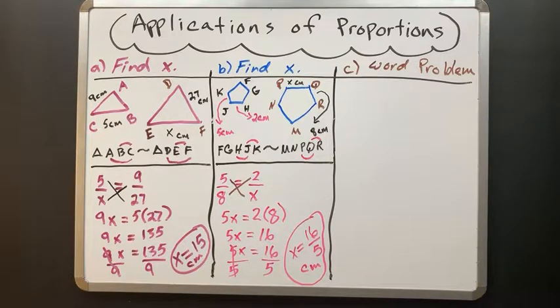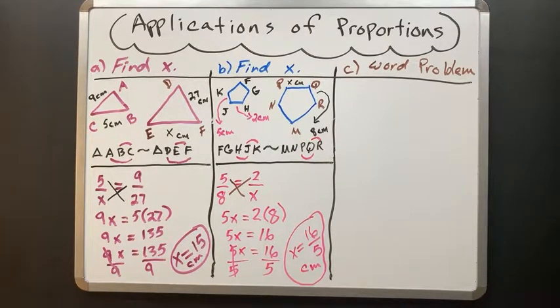That person has a certain height, and since it's a sunny day, when that person is standing next to the pole, the person casts a shadow, and that shadow has a certain length.